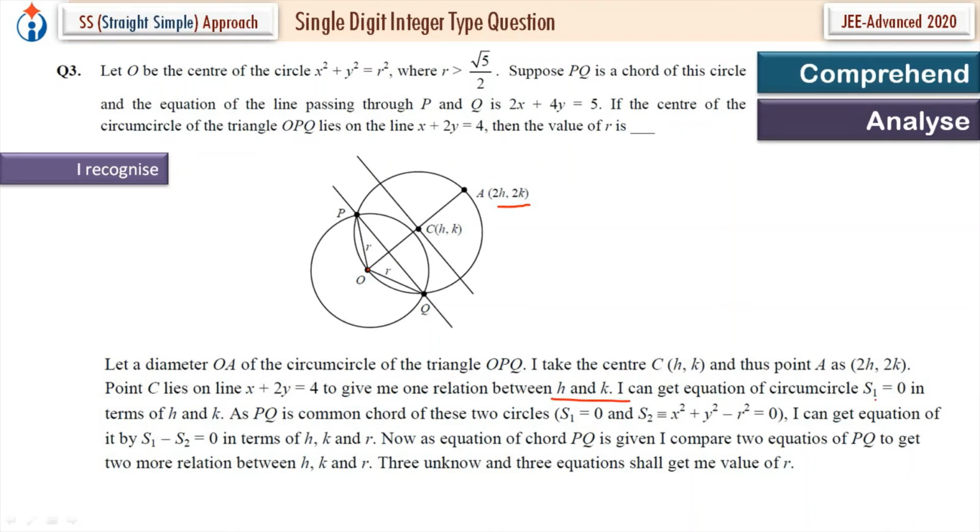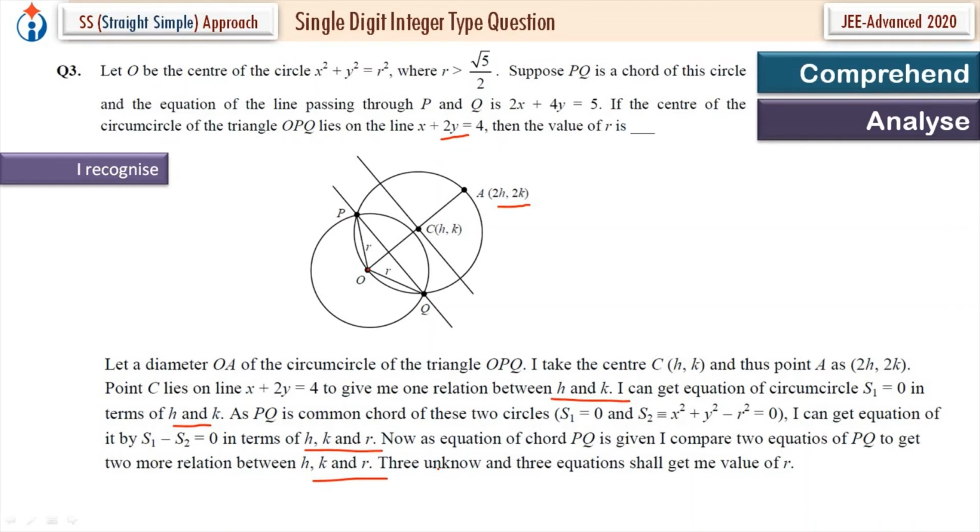Now I can get equation of circumcircle S1 equal to 0 in terms of h and k. As PQ is common chord of these two circles, so I can get equation of it by S1 minus S2 equal to 0. So I have another relation. Now as equation of chord PQ is given, I compare two equations of PQ to get two more relations between h, k and R. So I have three relations between three unknowns. We know how to solve that.